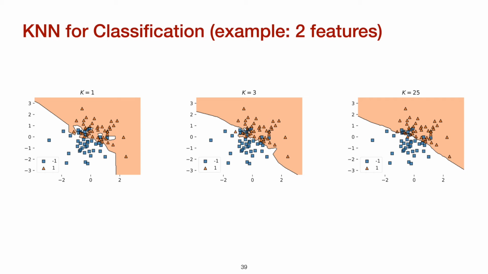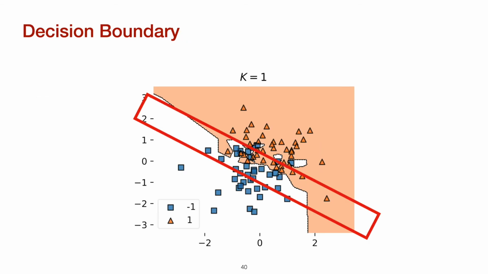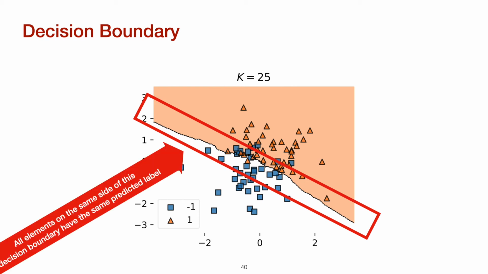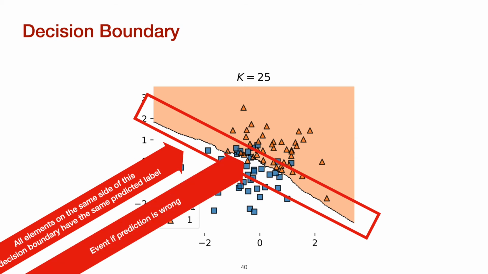And as we increase our k value, it smooths out this boundary. In fact, this threshold between our classes is called the decision boundary. The way we interpret this is all elements on one side of the decision boundary will have the same predicted label, and all elements on the other side will have the other predicted label, even if those predicted labels are wrong.